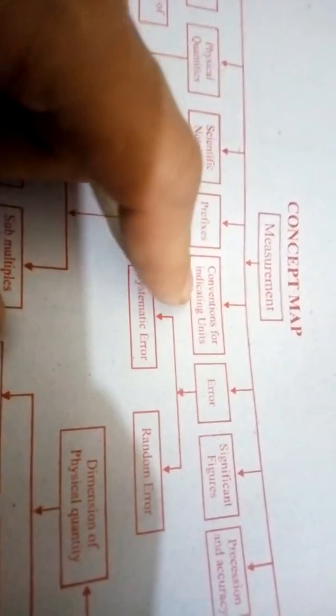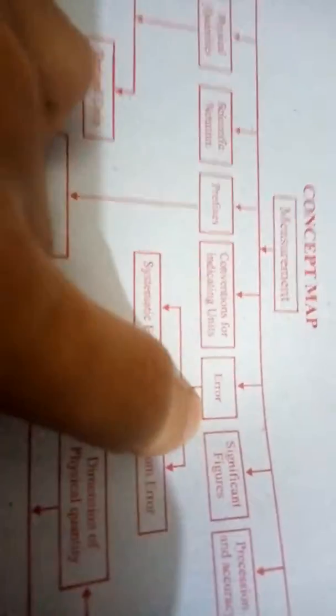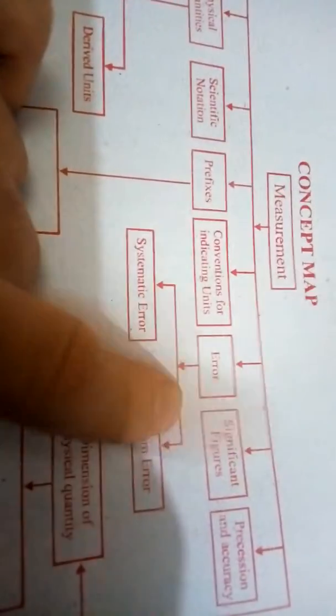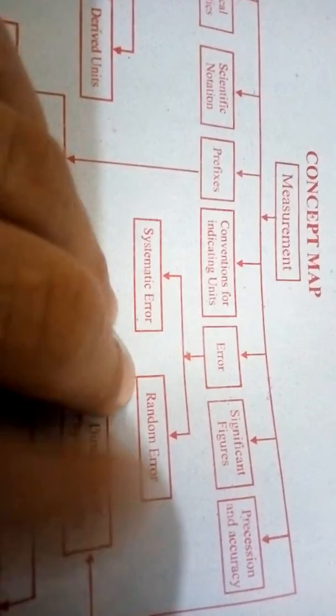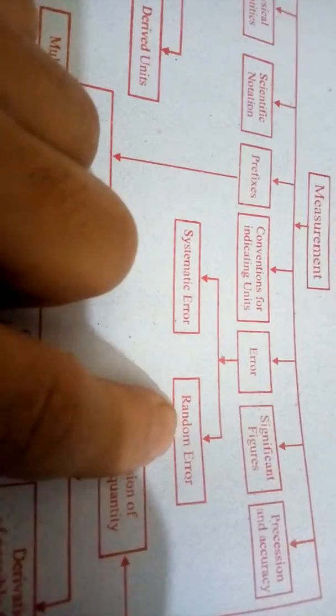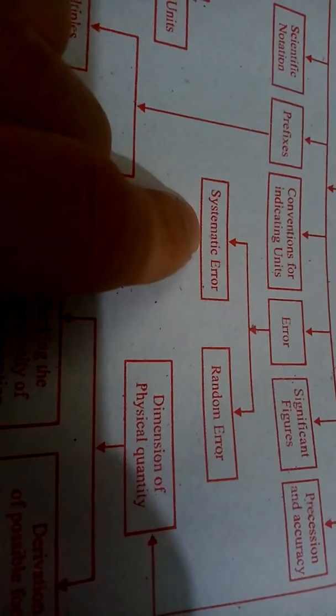We did not discuss it in this topic, so we can exclude that. Let's move on to the errors. There were two types of errors: systematic error and random error. Random errors are those caused by environmental changes. Systematic error is just a wrong use of formulas or methods.